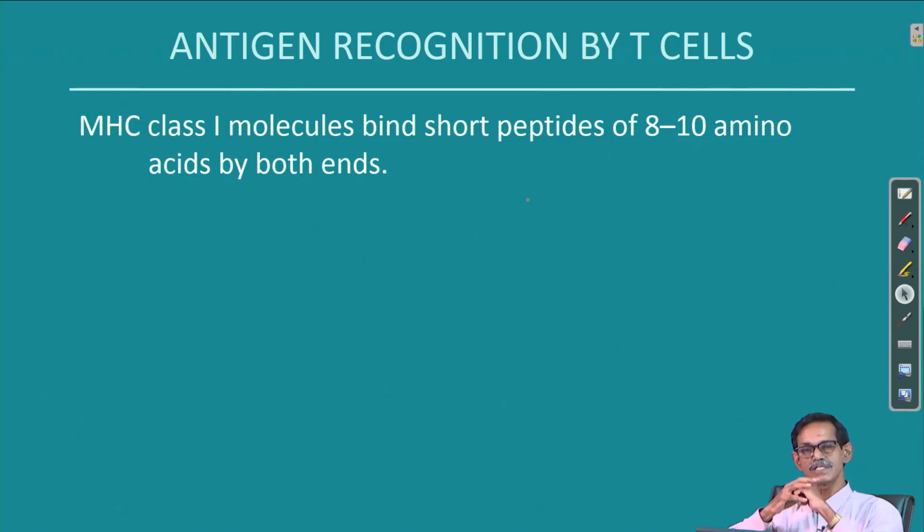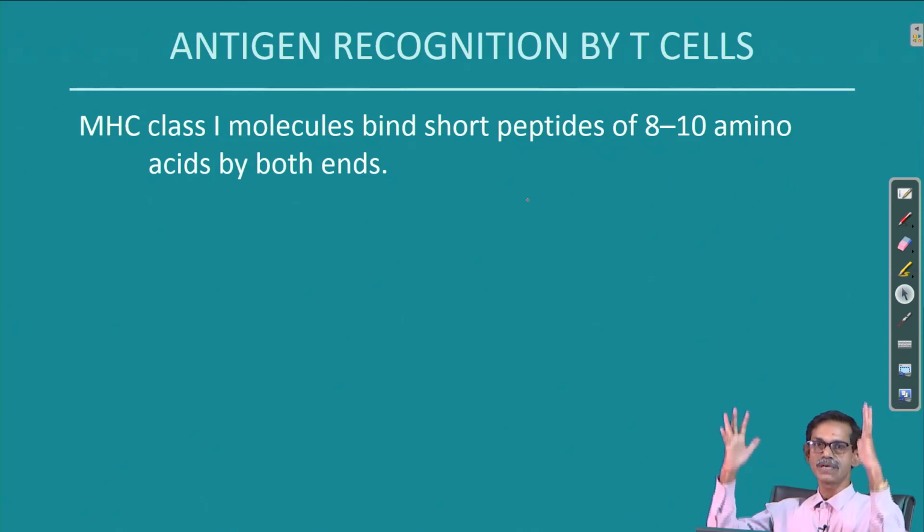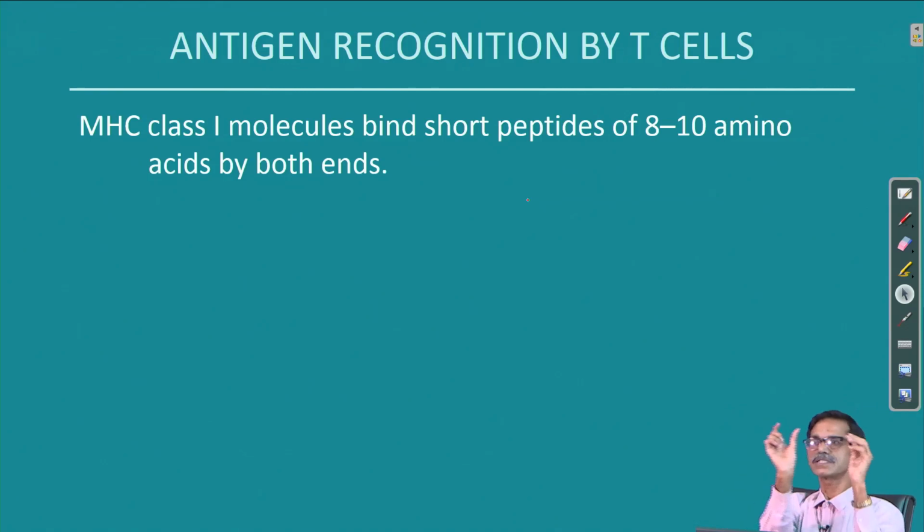In the case of MHC2, it can bind approximately 13 to 20. So the peptide length is 13 to 20. If you remember our discussion in the early lecture, a big protein is chopped into pieces, and a small piece goes on as peptide.